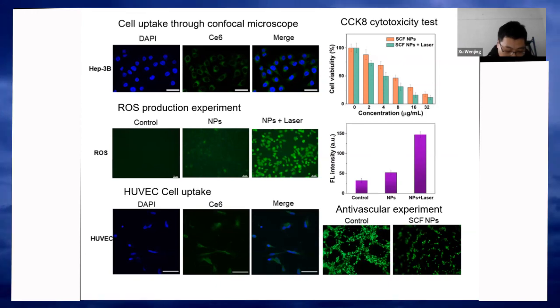The result of CCK-8 indicated that the nanoparticles exhibit strong phototoxicity. The IC50 values of nanoparticles with or without laser irradiation are 7.1 ppm and 4.3 ppm for Hep3B cells.